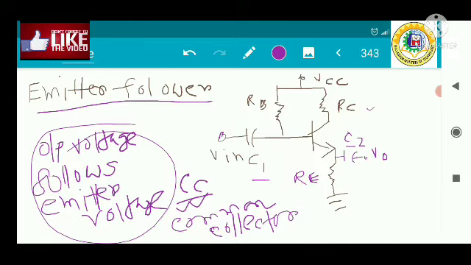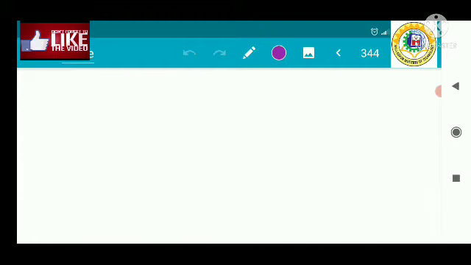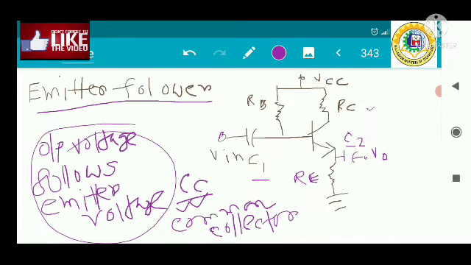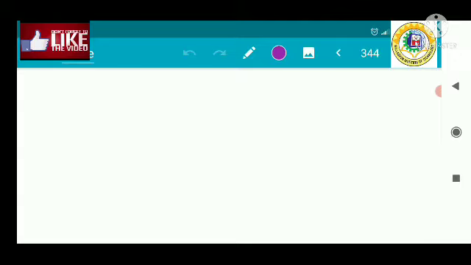Now we will draw the AC equivalent model and try to find out all the parameters that I have been trying to find out in the other cases, that means the input impedance, output impedance, and the voltage gain. For that purpose I am replacing your transistor with your T model or the re model, whatever you can say.